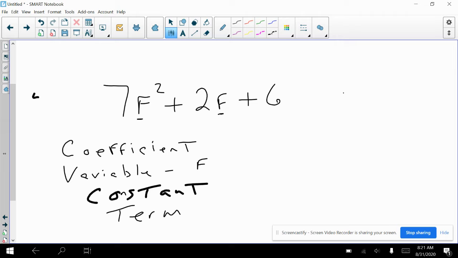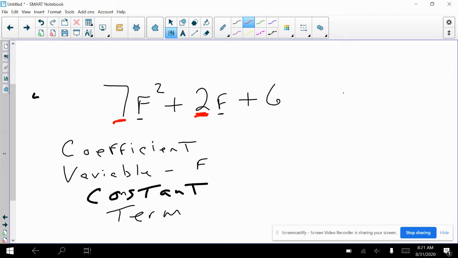Anything else that you may know? Michael? Okay, what's a coefficient? It's the number that we multiply by. Can you give me an example of a coefficient up on the board? Okay, the coefficient, it's not the number necessarily we're multiplying by, but it's the number in front of the variable.